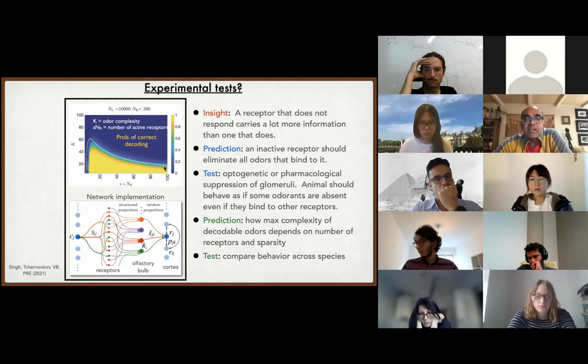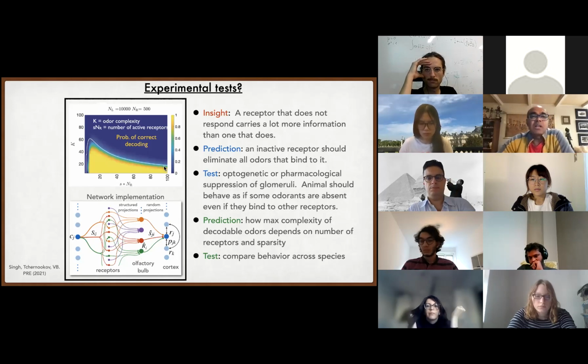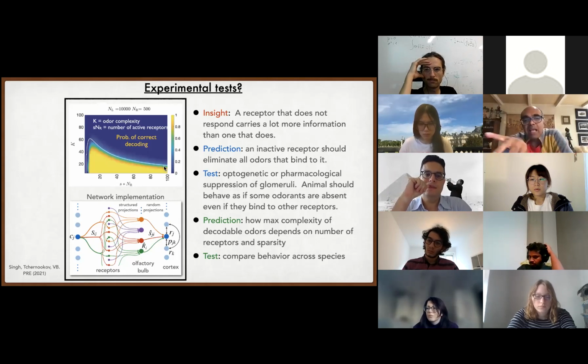One thing I didn't say, because there wasn't time, is that I talked about this as an abstract algorithm. It turns out this algorithm using silence is implementable using a neural network that looks a lot like the actual structure of the olfactory pathway, the same things we've been drawing, with a bunch of odor receptor types that are binding sparsely to many odorants.